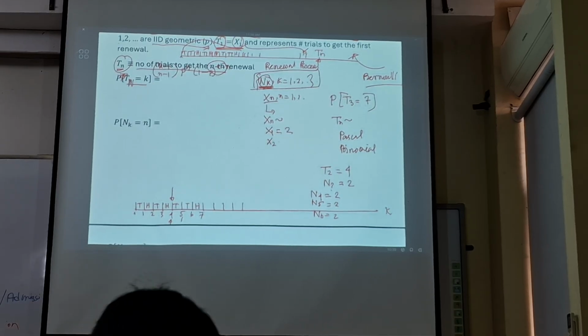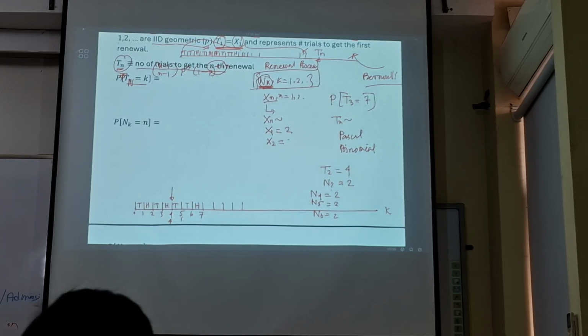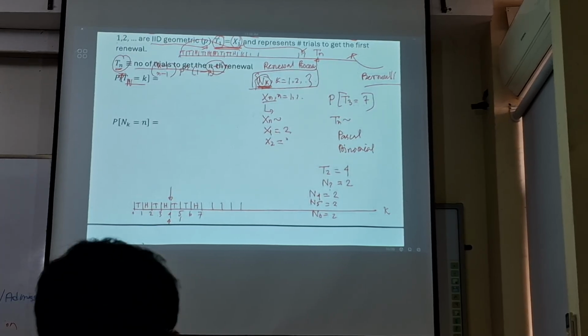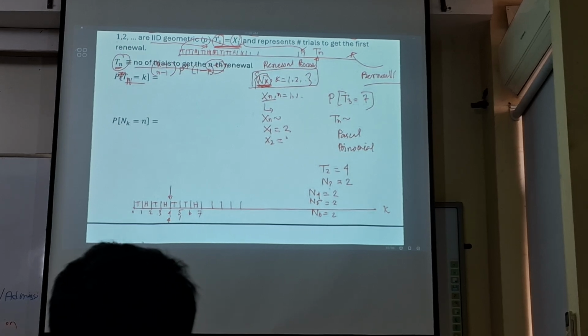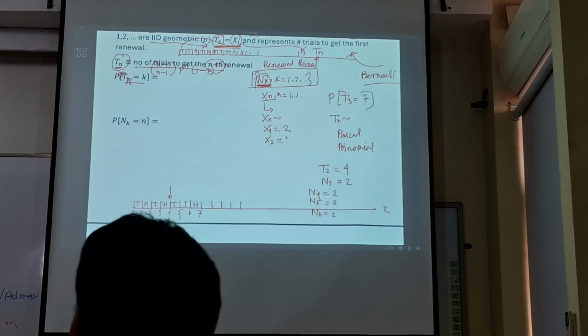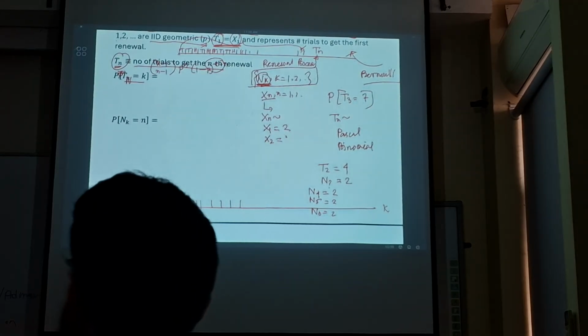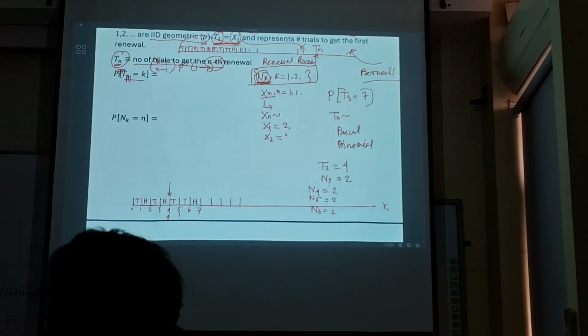X2? X2 is 4. This X_n actually is the inter-arrival time.